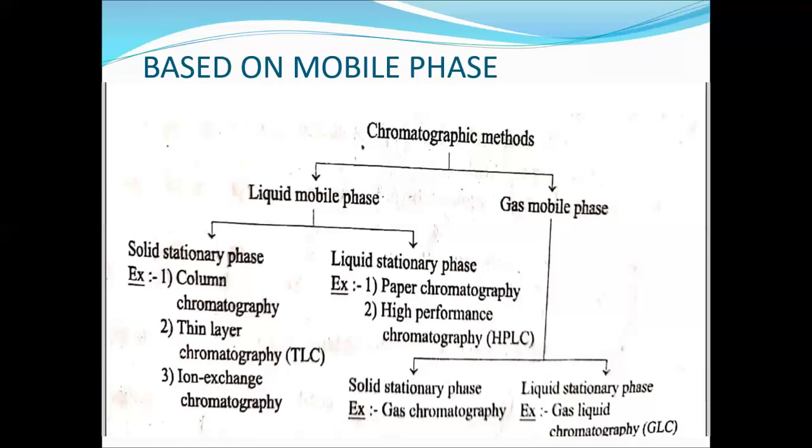And for HPLC, the column is prepared, the liquid is the stationary phase, and the mobile phase is also liquid. Both the stationary phase and the mobile phase are liquids.